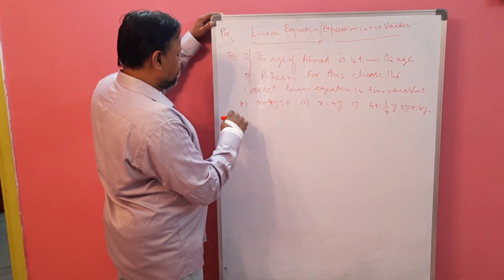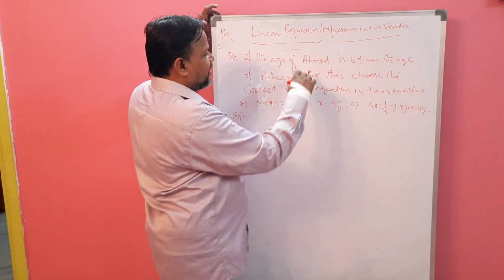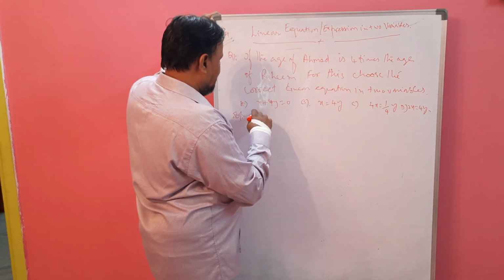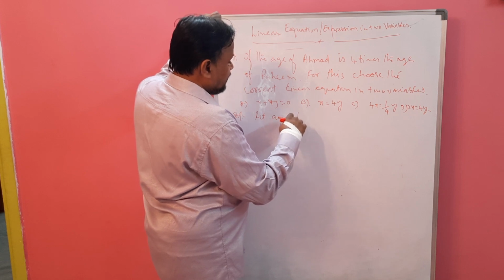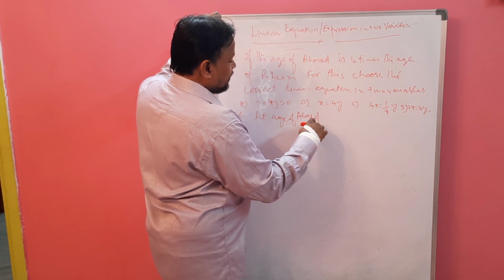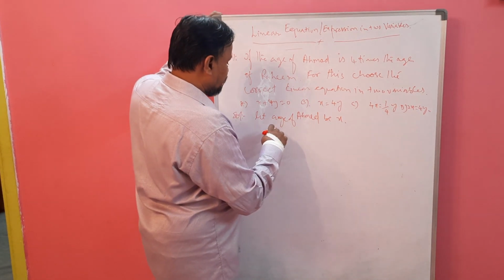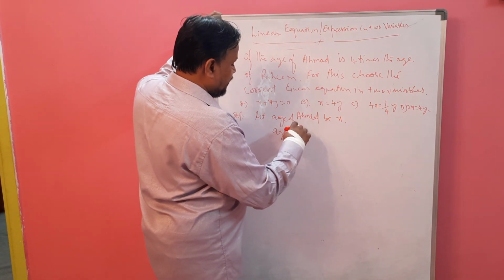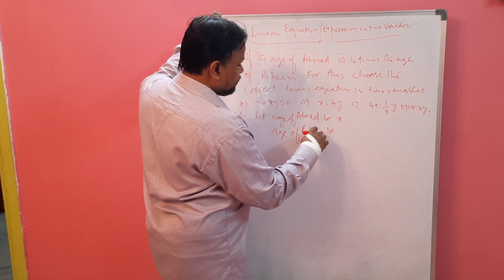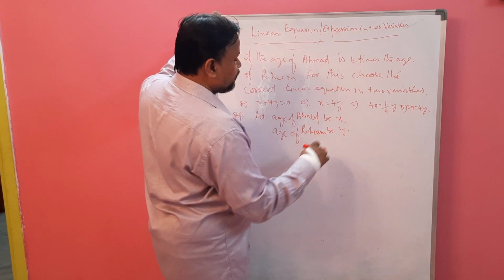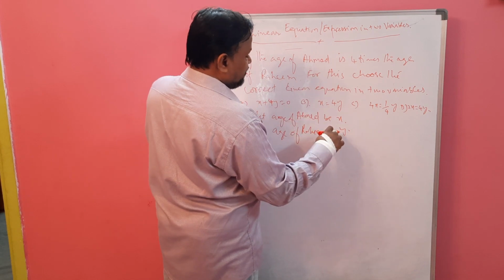For this we have to take some variables as the age of Ahmad and the age of Rahim. Let the age of Ahmad be x, and the age of Rahim be y. These are the 2 variables we have chosen. Ahmad's age is x, Rahim's age is y.